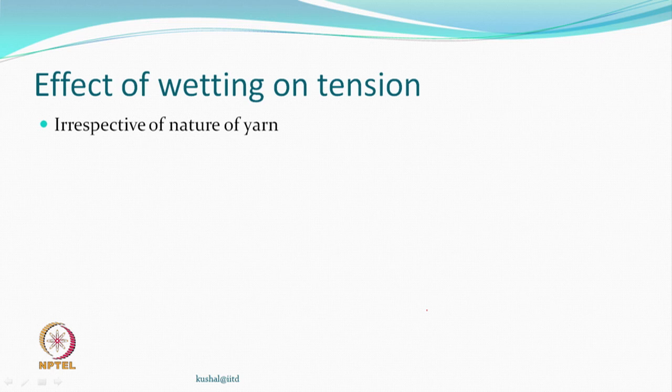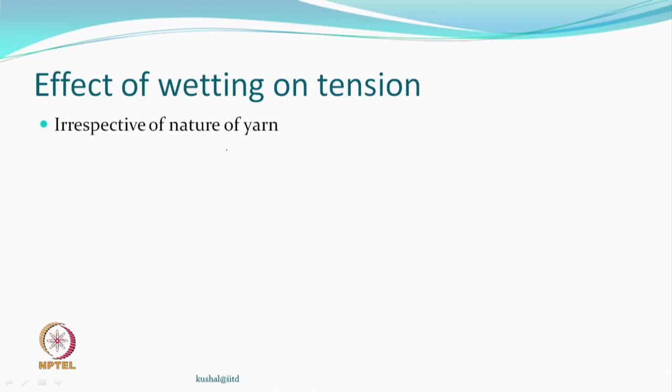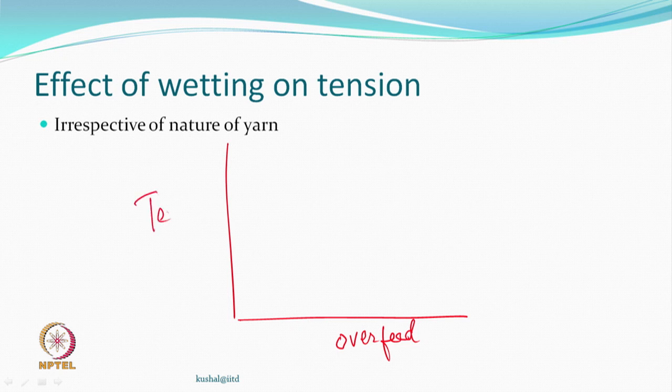What was interesting was that irrespective of the nature of the yarn, polyester, viscose, nylon or any other yarn that you may like to use, the tension increased on wetting. Let us say we plot versus tension. Obviously, we are talking about the exit.